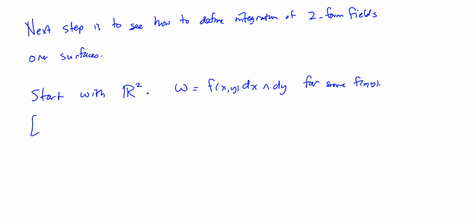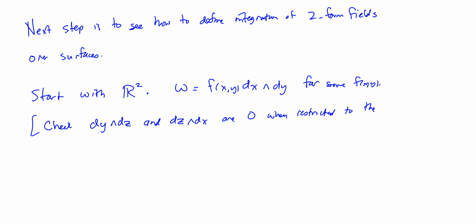And so maybe you just want to check that dy wedge dz and dz wedge dx are 0 when restricted to the xy plane. So that's not hard to see. Maybe just go ahead and check that to make sure you understand why this type of 2 form is our only 2 form field if we're working in just the xy plane.